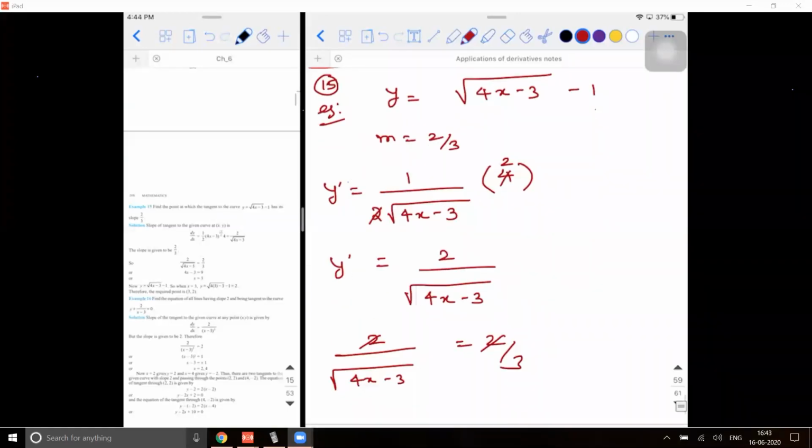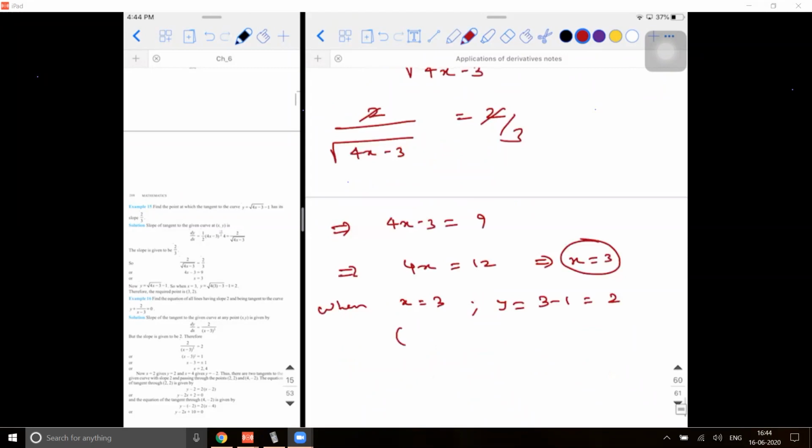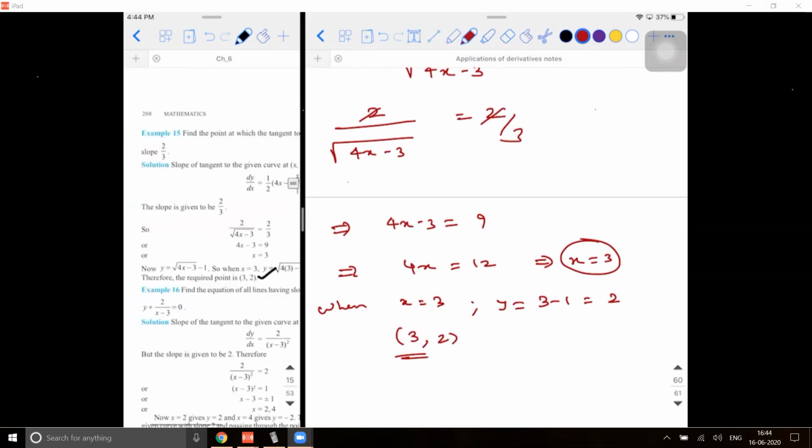Substitute in the given curve. So when x is equal to 3, y will be equal to square root of 12 minus 9, minus 1. So you get y is equal to 3 minus 1, 2. So the required point is 3, 2. Right. So the required point will be 3, 2.